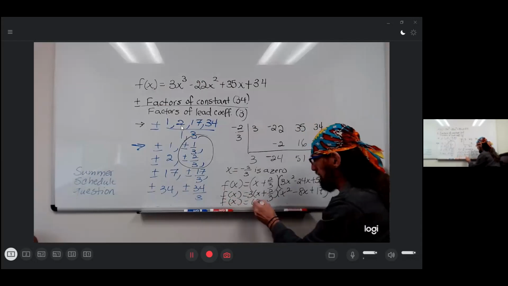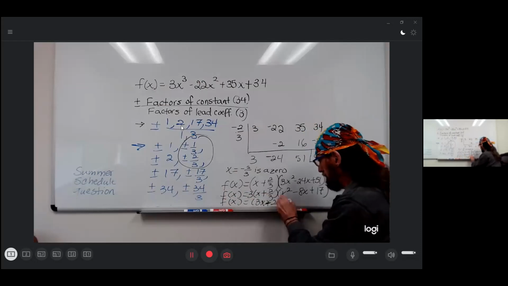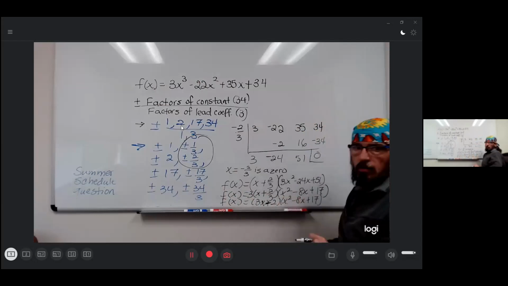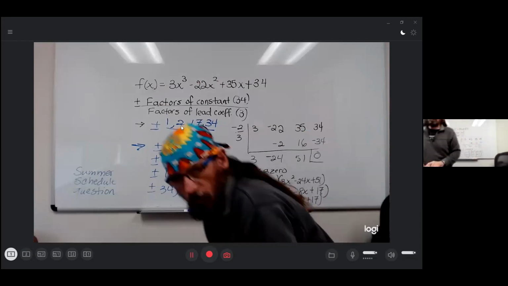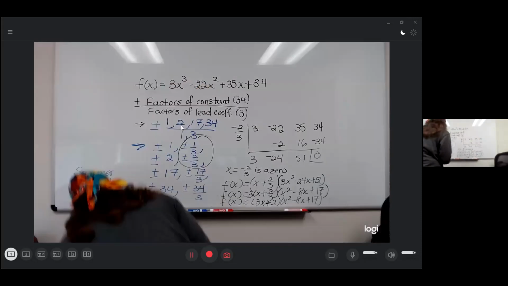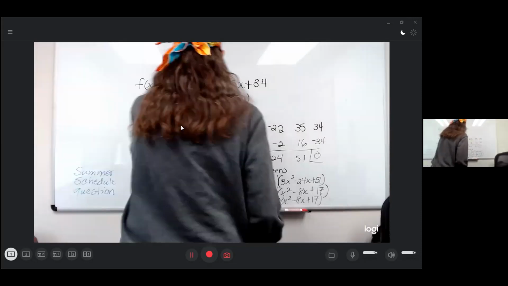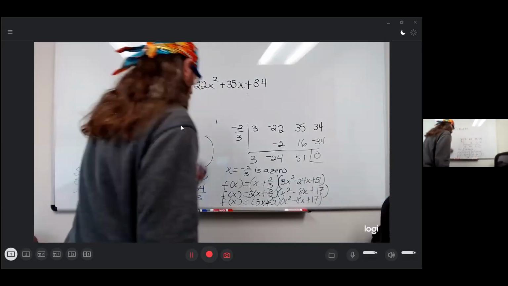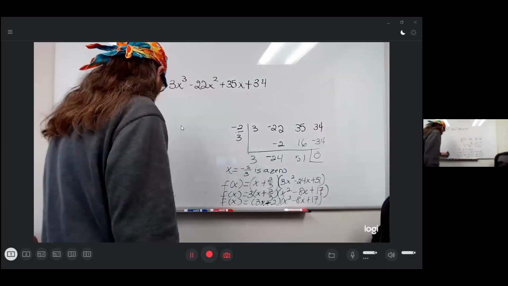That's a nicer way to write that factor. As for the quadratic factor that remains, that is not going to be factorable.